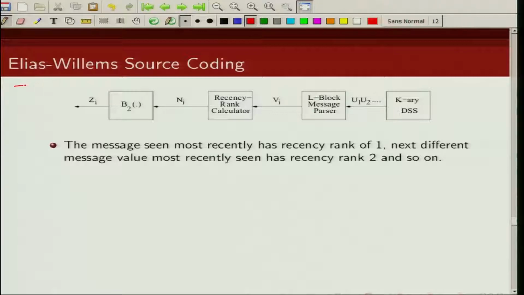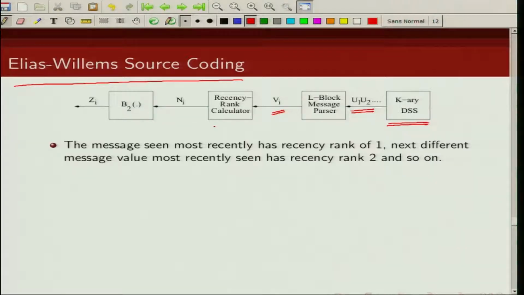So this Elias-Willems source coding technique is as follows. We have a discrete stationary source, a k-ary discrete stationary source whose outputs are denoted by Ui. Now we have a block parser which is creating blocks of these Ui's. So Vi is essentially a block of L Ui's.